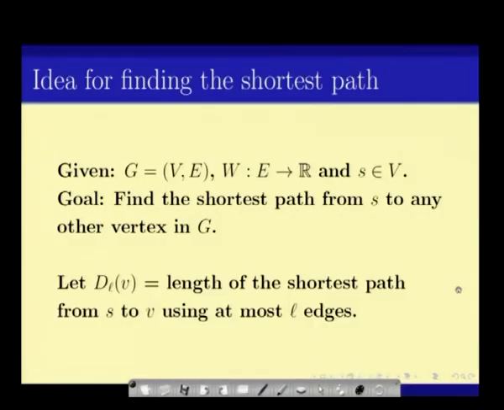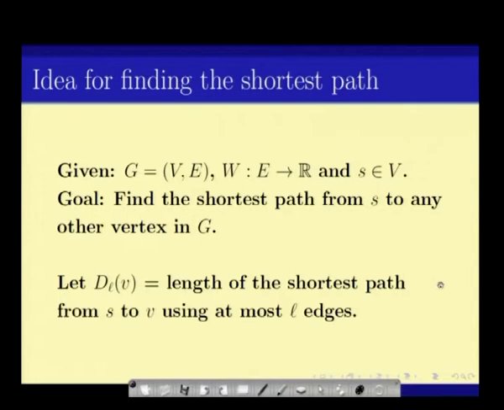For example, say in our problem we are given a graph G, and we have been given edge weights, where the weights are from edges to real numbers. Here I do not care whether they are positive or negative, it can be either, and we have been given a particular state S, and we want to find the shortest path from S to any other vertex in G. So, we define this object d_L(v).